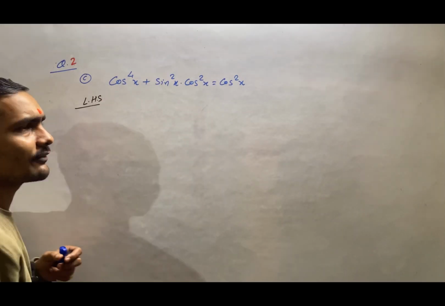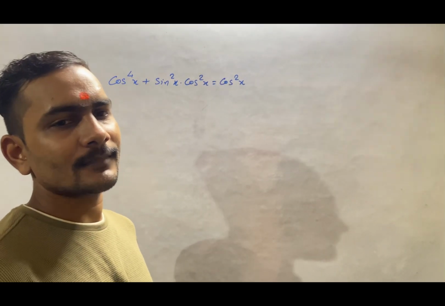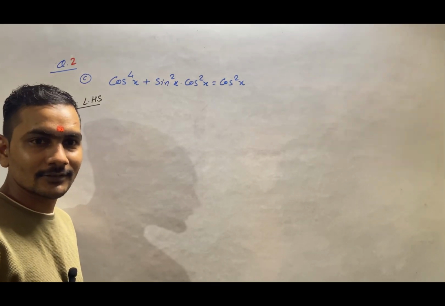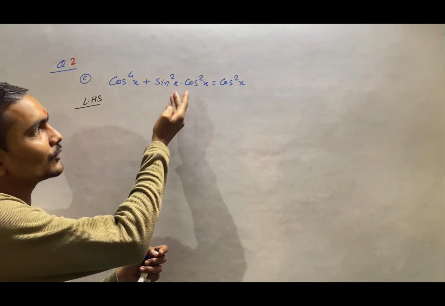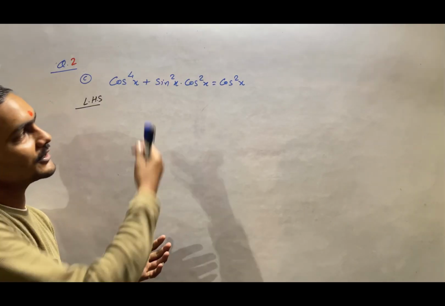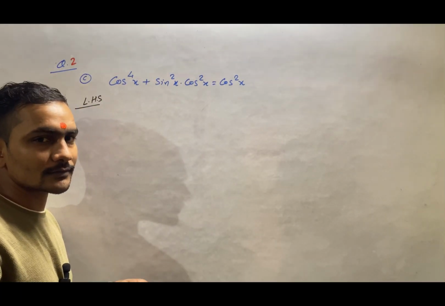How many terms do we have? Two terms. So that is one term, and this is the entire one. So in these two terms, can we take something common?